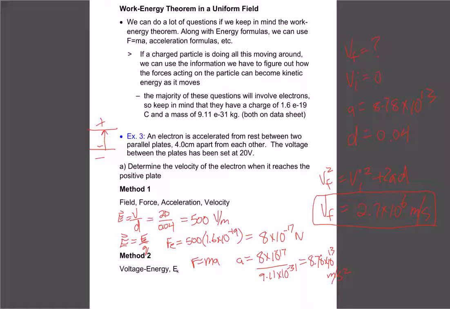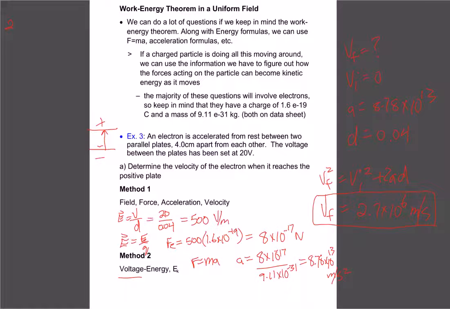Method 2, I just want to show you on here, maybe a quicker or easier way for you to understand this, and I want to show you that we do get the exact same thing. So for method 2, I'll do it over on the side here. The first thing we want to do is use the voltage to calculate energy.